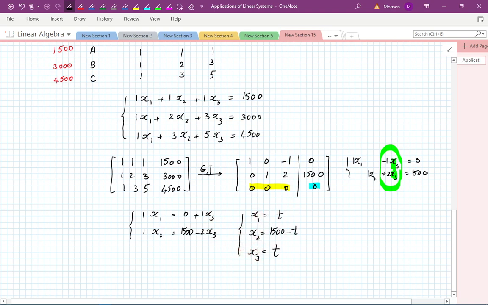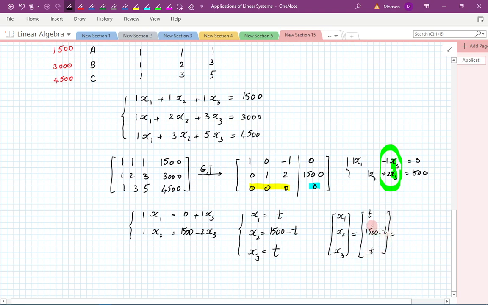So we have x1, x2, x3. That's how we used to write this stuff. Well, this is t and 1500 minus t, and then a t again.